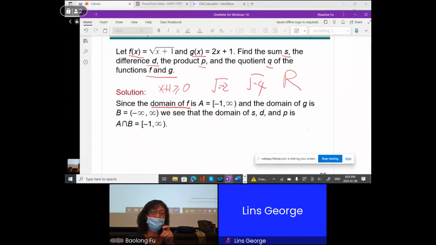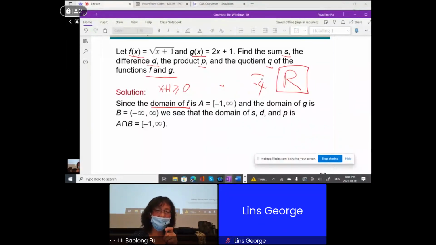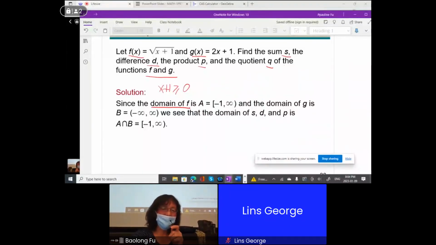Beyond real numbers, we do allow that, but that is above our coverage. So if x plus 1 is greater than or equal to 0, x is greater than or equal to -1, so the domain of f is -1 to infinity.